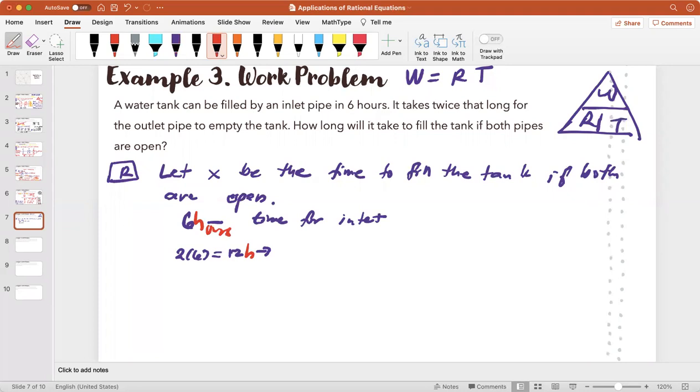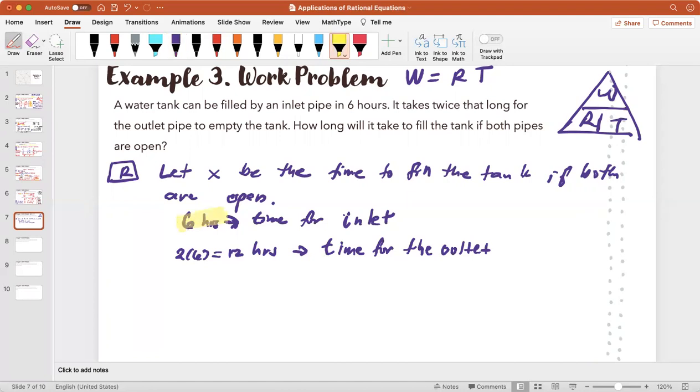This is 6 hours, the time for the inlet. This is 12 hours, the time for the outlet, because it says twice.